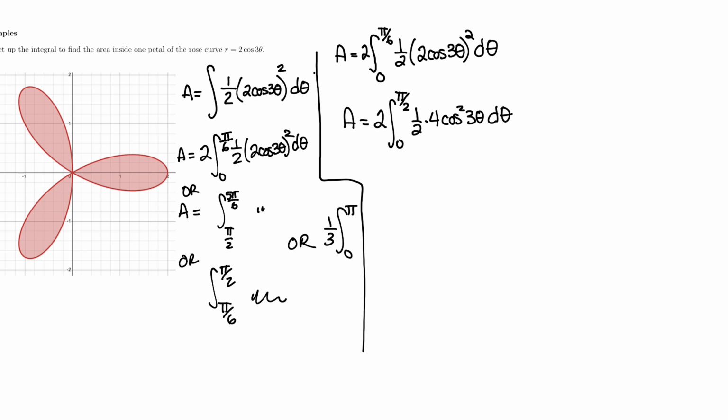Laptop goes here as well. How do we integrate cosine squared? Do you know what I'm saying? Okay. Never mind, I do know how to get the cosine. Yes, it is. Power reduction rule. Thank you very much. Power reduction rule.